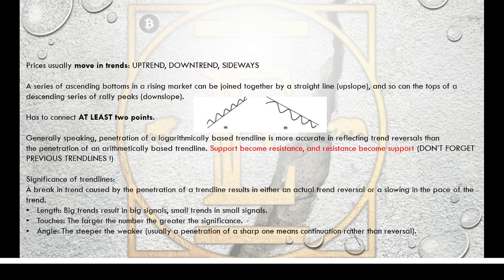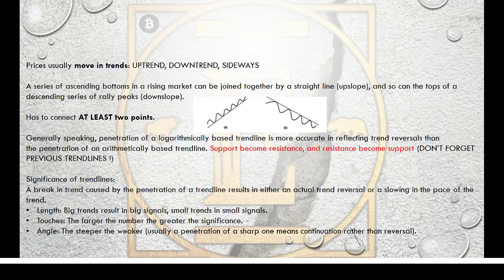And the same concept applies: support becomes resistance and resistance becomes support. What I mean is that you have to think about the previous trend lines. If a resistance trend line is broken, then you need to look for support on the same trend line.